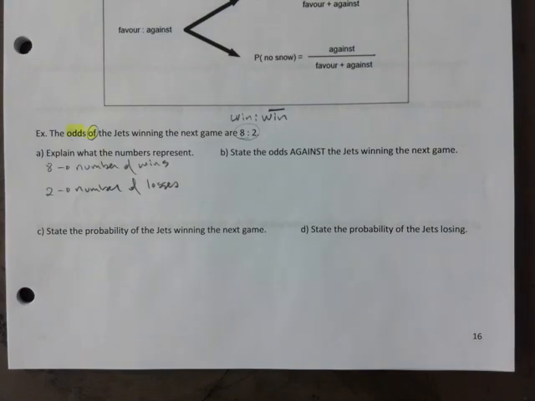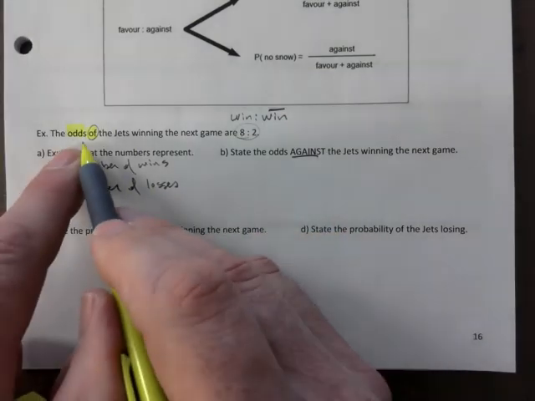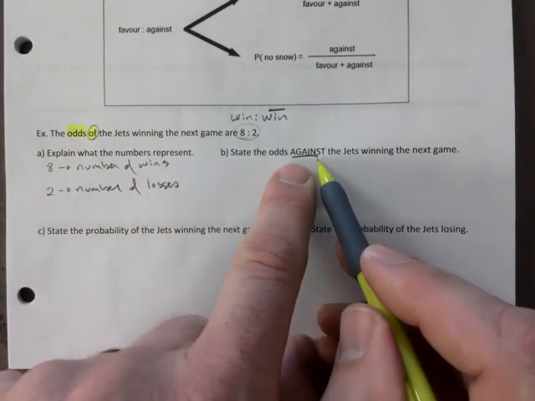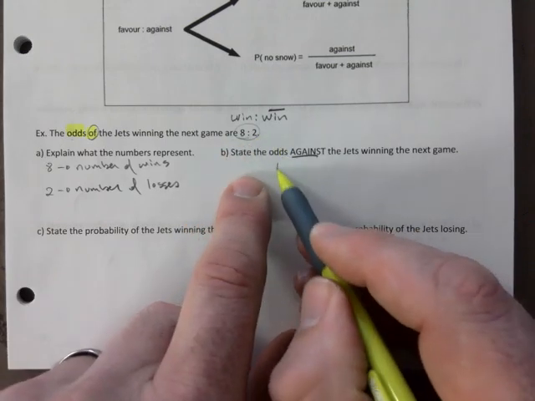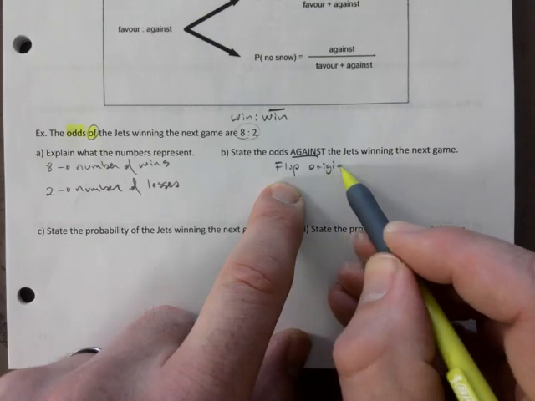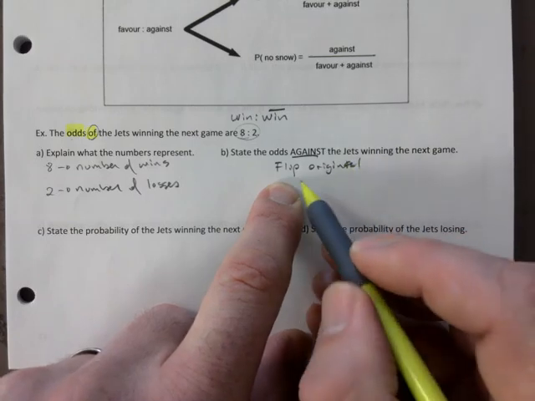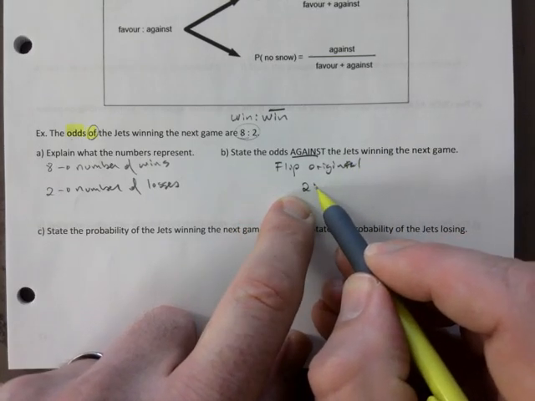State the odds against the Jets winning the game. If the odds of winning is here and then against, all you need to do is flip it. Flip the original. So basically just flip it.